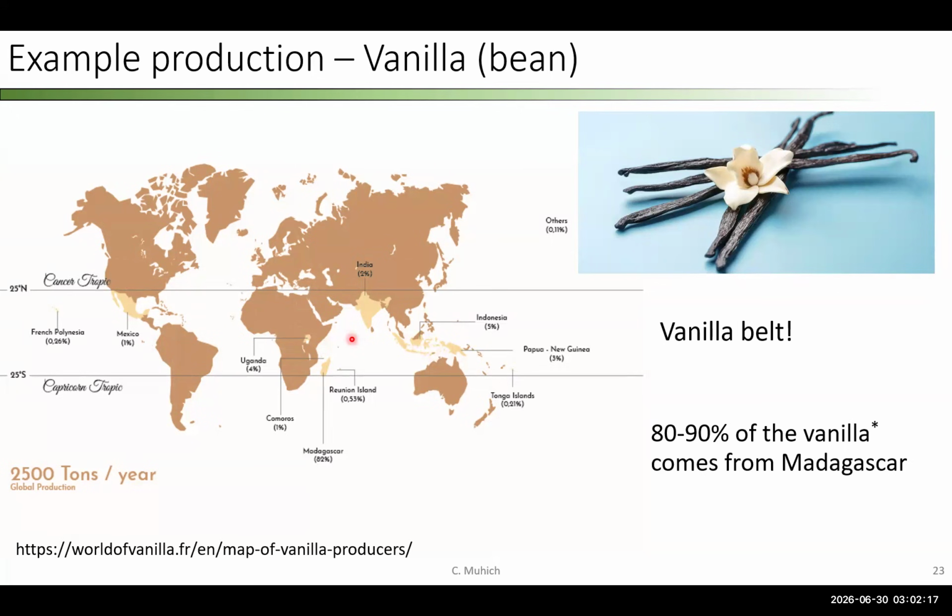These are where vanilla bean orchids grow. And you'll notice that 80 to 90% of all the vanilla in the world comes from Madagascar and Madagascar alone. So even though there are other countries in the belt, almost everything comes from Madagascar.